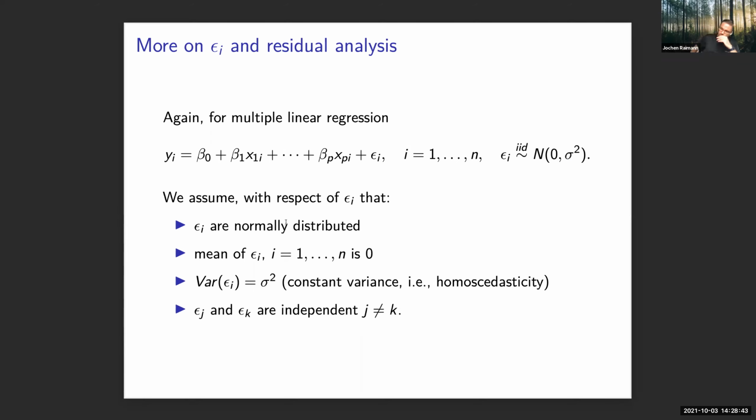And there are a couple of assumptions, which are to some extent not entirely different from what we assumed before for the simple linear regression, for the univariate linear regression. So we are assuming that the distribution of the residual error is normally distributed. Yes. We assume that the mean of these residual errors is 0, which is also part of what we've just discussed before.